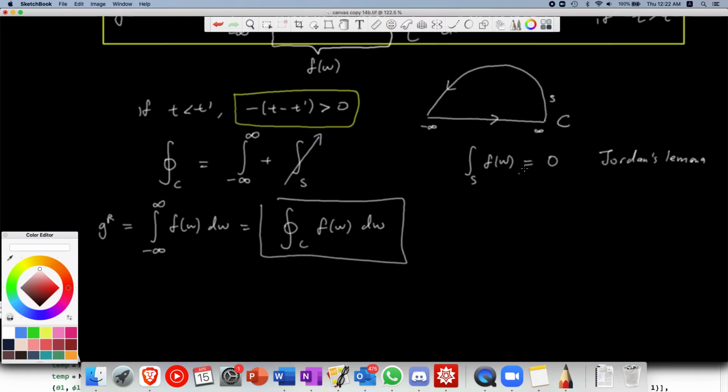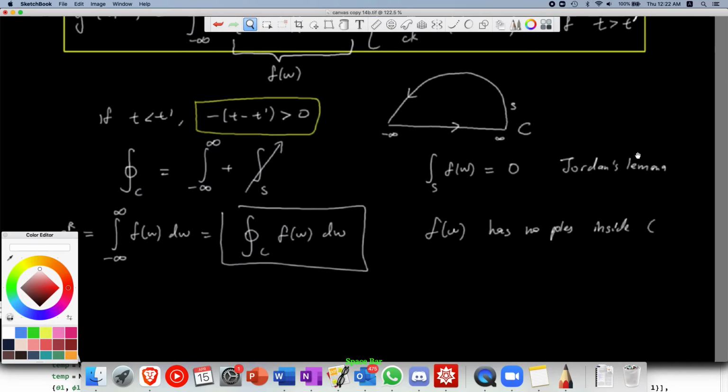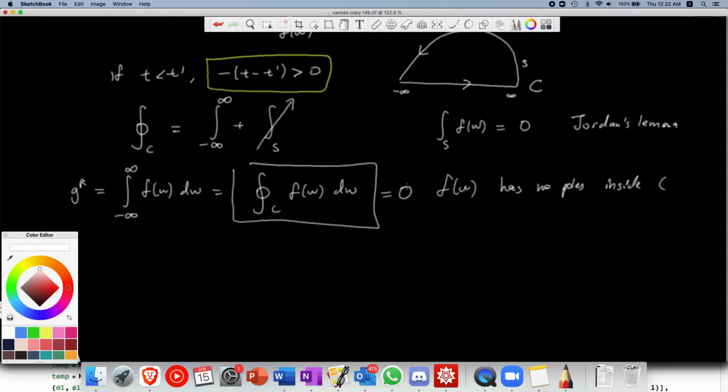But this is simply a contour integral, and because f of omega has no poles inside C, inside the upper half plane, because remember we pushed the poles down, so the poles live in the lower half plane, below the real axis. So if we integrate over the upper complex plane, then this integrand has no poles, so this is actually just equal to 0.